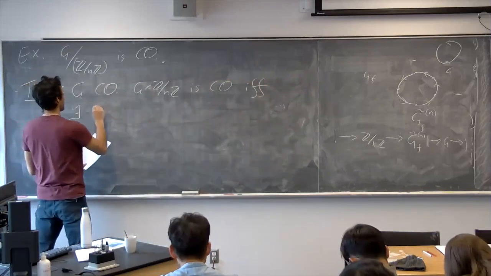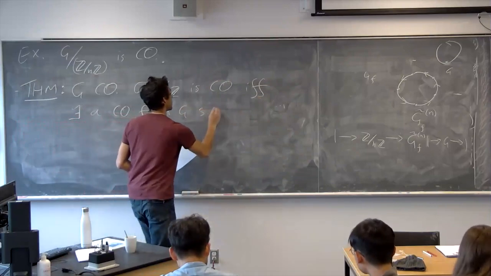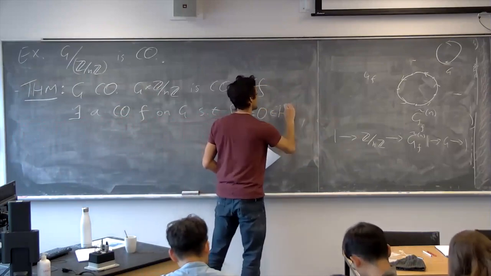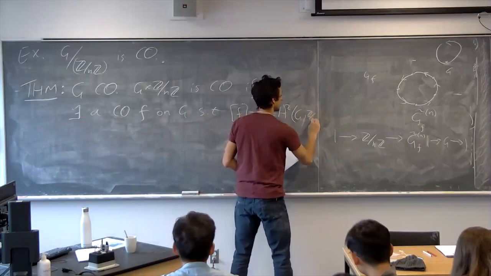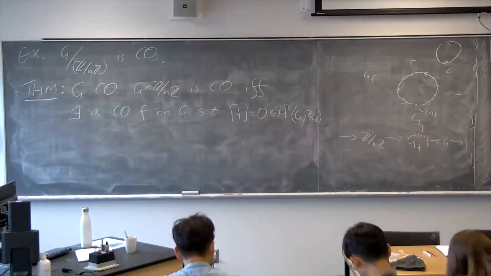there exists a circular ordering F on G such that F is 0 in cohomology with cyclic coefficients, Z mod NZ. Because you take the central extension, and then this is actually G cross Z mod NZ.